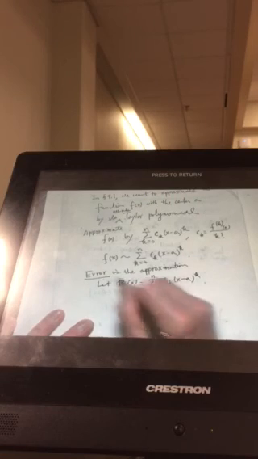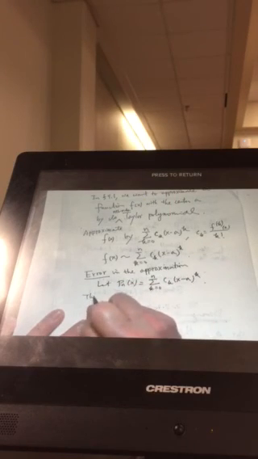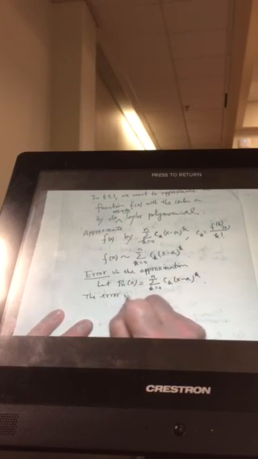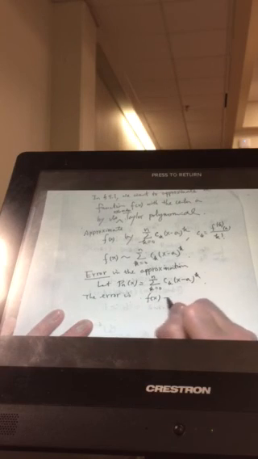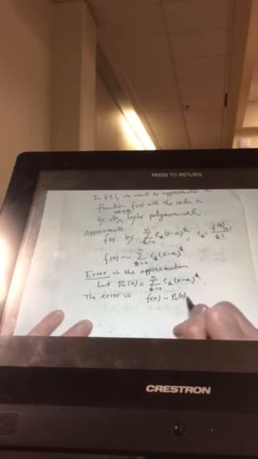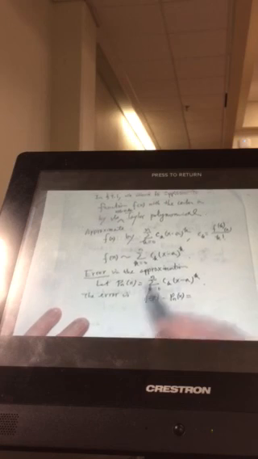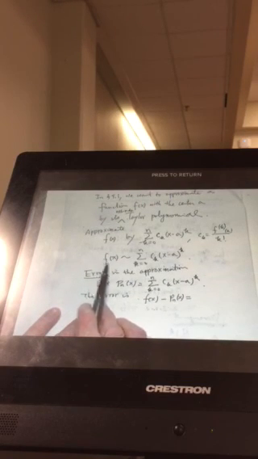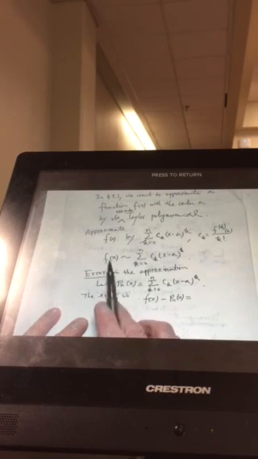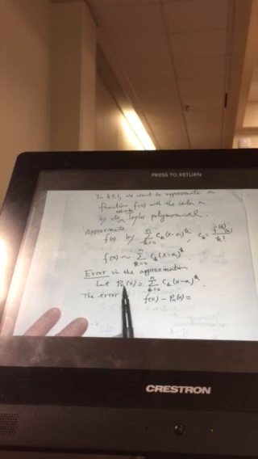Then the error is f of x minus Pn of x. This is my function, and we want to approximate this by this one. So the difference of these two is the error. Now what is the error? There's a nice formula.